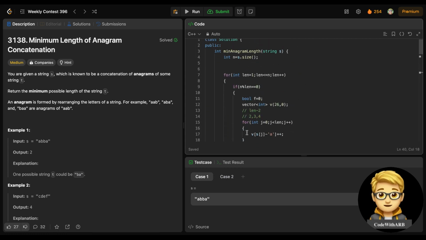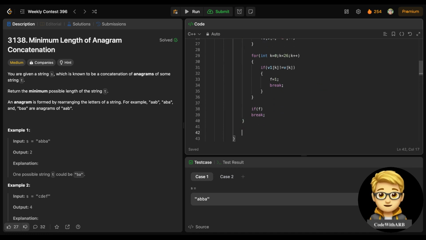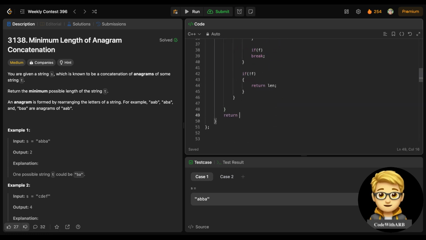And if I get all the characters same that I need to store, then I need to just return this length. Why? Because this is the first length, and this will be the minimum length after that, and I will just return here from 0. Right?